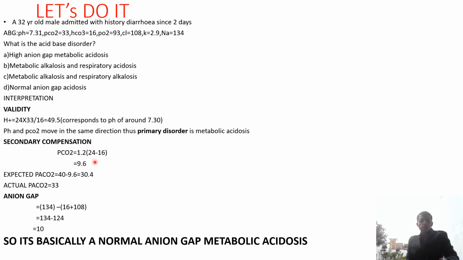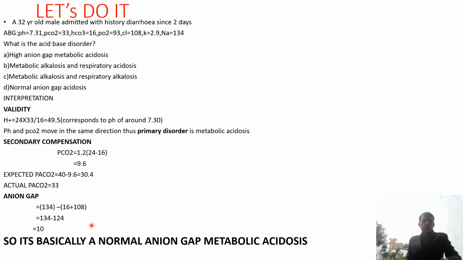For secondary compensation, the PCO2 compensation is a factor of 1.2 multiplied by 24 minus 16, so 9.6. Expected PCO2 will be 40 minus 9.6, 30.4. So 33 is our actual one. So it's almost normal. It's compensated.